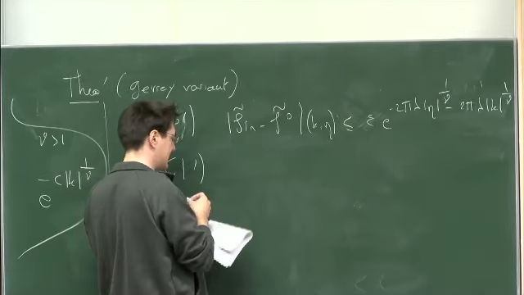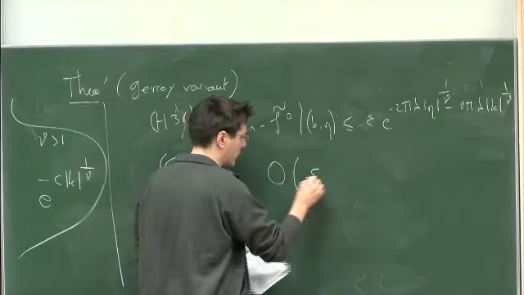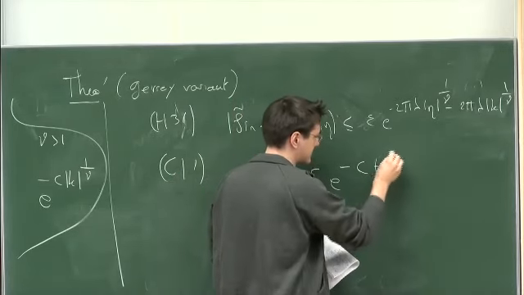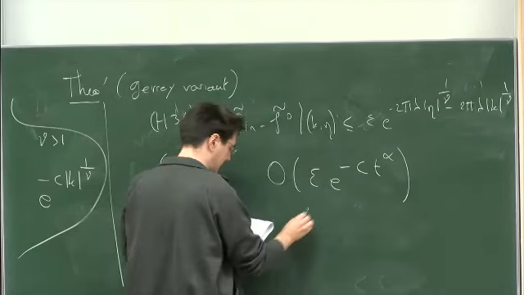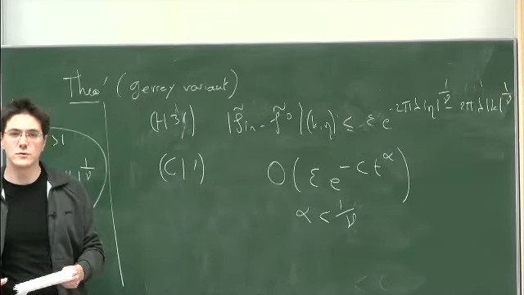C0 is the same. C1 becomes C1 prime, where the control becomes exactly as you could expect, like this with alpha strictly less than 1 over nu.